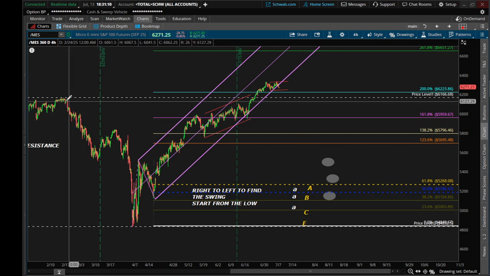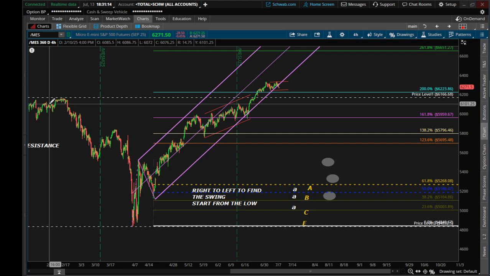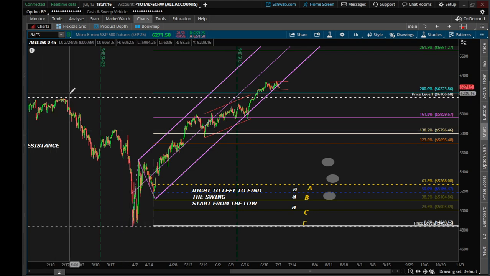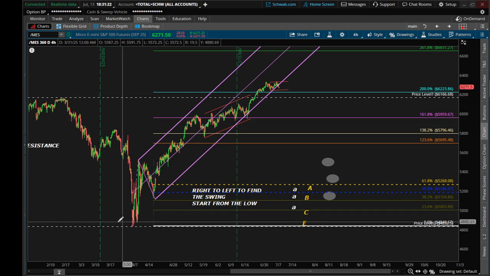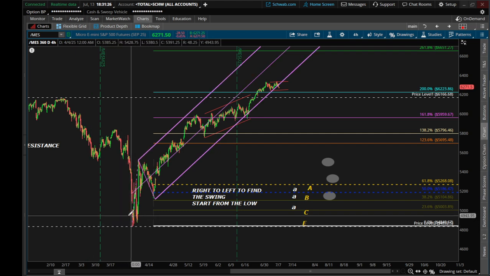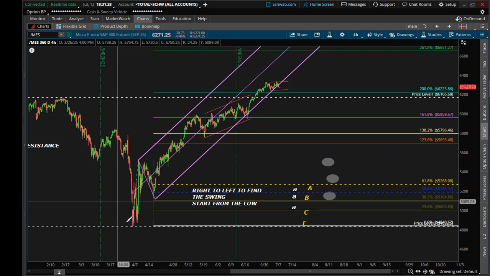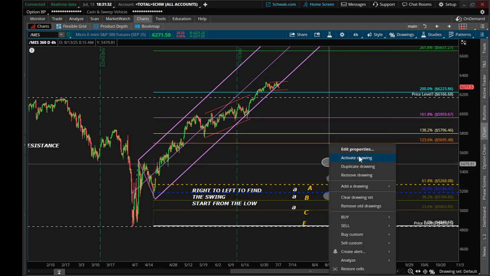This is all the further I want to go back, back to February of this year. That gives us a nice support and resistance line, or our high, and our low would be on April 7th, somewhere around there.